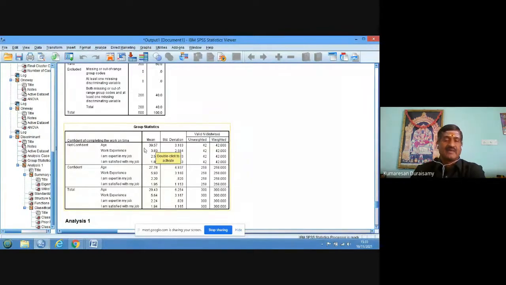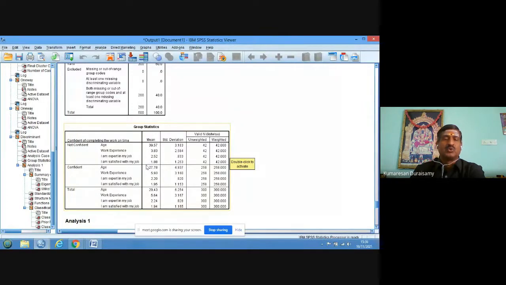Whereas, look at the average age of confident employees. There are 258 employees. Their average age is 27.78.